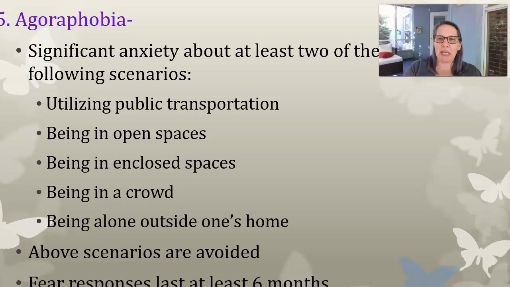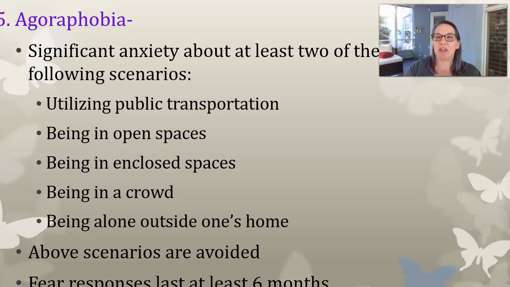Okay, so normally when you hear about people who are agoraphobic, or if you've seen it in social media, in movies, or in TV, or if you know someone who's agoraphobic, generally the biggest symptom that's most well known is they can't leave their house. Okay, well, the actual symptom is not that they can't leave their house.